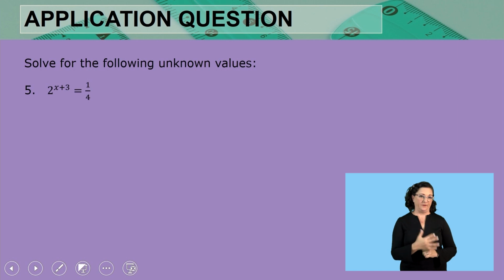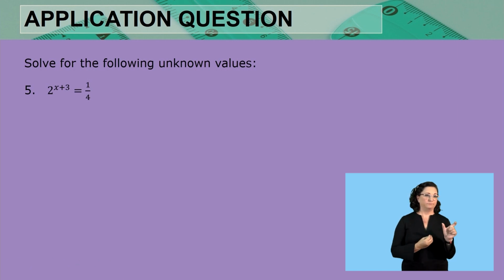Let's move on to number 5, where we have 2 exponent x plus 3 is equal to 1/4. So again, working with exponents, we change everything into exponential form. So we know that 1/4 is 1 divided by 2 squared.